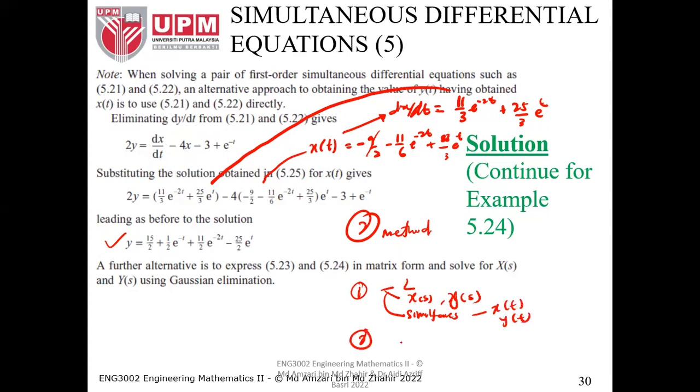The second method is to find only x(t), then put this x(t) inside the first equation to get y(t). Then you get the same answer. This is simultaneous differential equations.